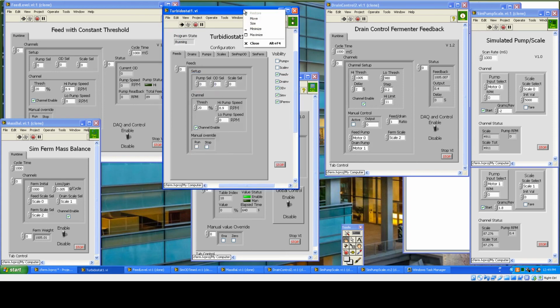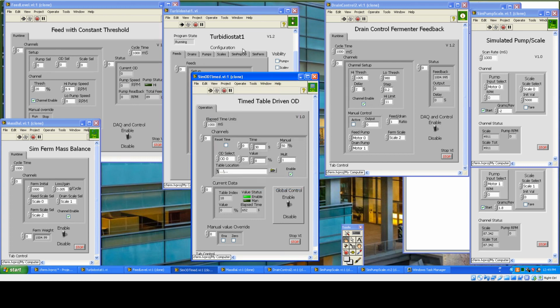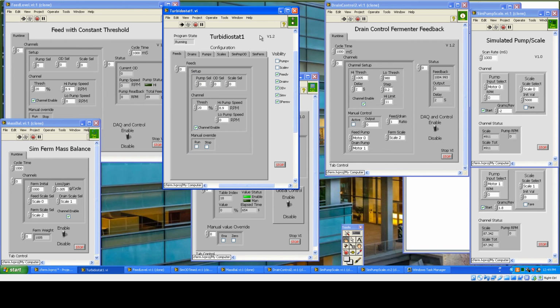But as I said before, the point here is that the amount of feed that we give is critical based on our OD sensor. But the absolute volume or weight of the fermenter really just has to be between a reasonable bound.